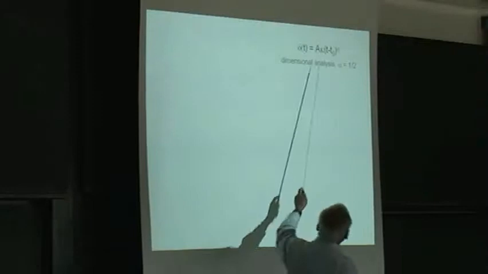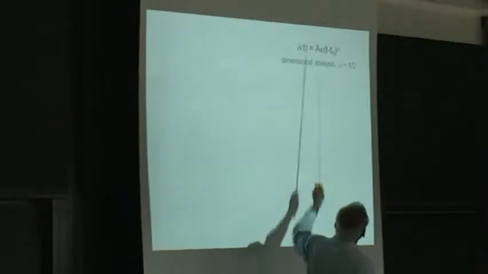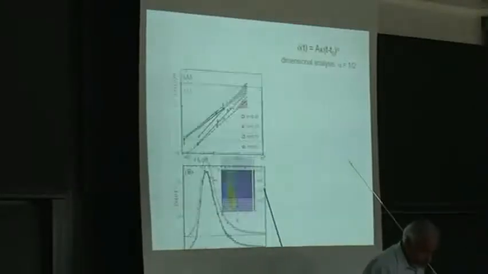Half is the only possible number allowed by dimensional argument, with this number being arbitrary. So that's what the dimensional arguments will tell. I just put alpha here to generalize it, as you will see, for whatever reason.